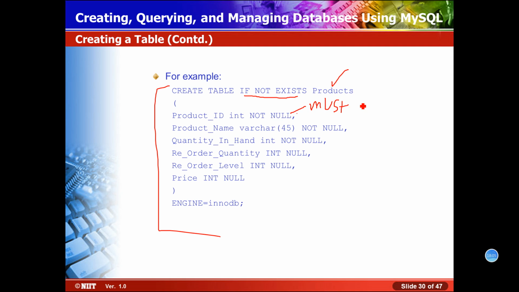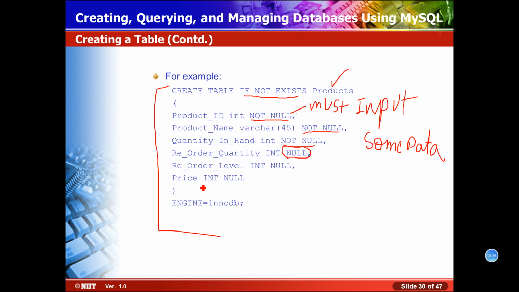Must input some data. Am I clear with this part? This means not null. Product name also cannot be null. Quantity, it is also not null. Reorder quantity, null. Yes, here you can store null.